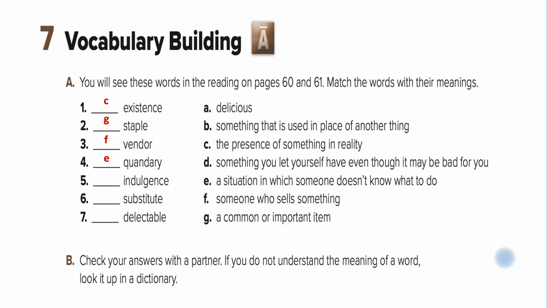Quandary, which means a situation in which someone doesn't know what to do. Indulgence means something you let yourself have even though it may be bad for you. Substitute means something that is used in place of another thing. Delectable means delicious.